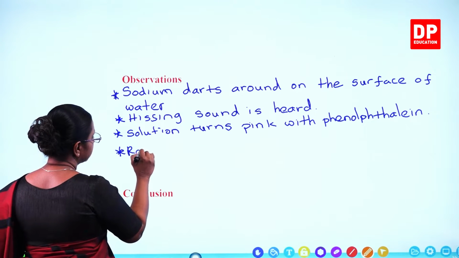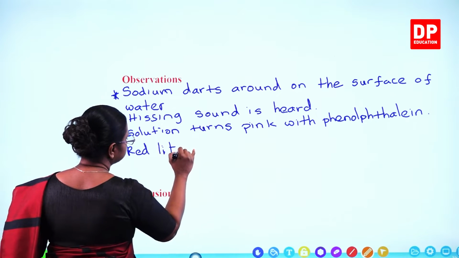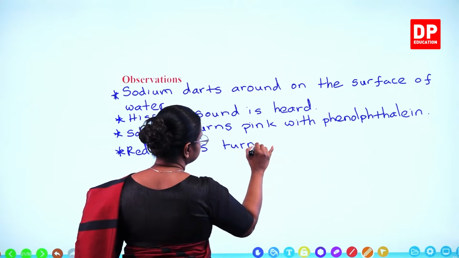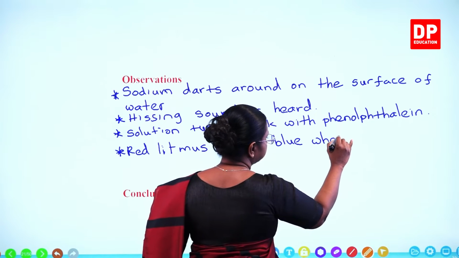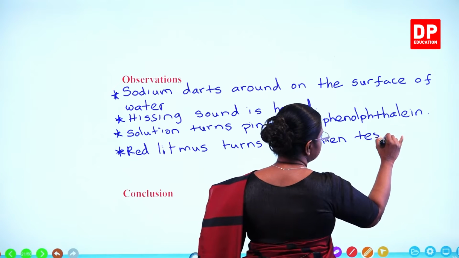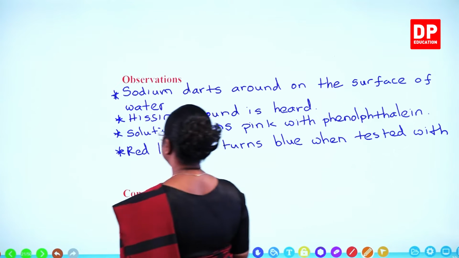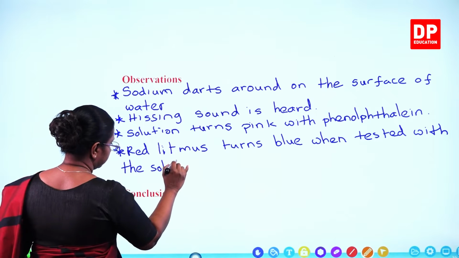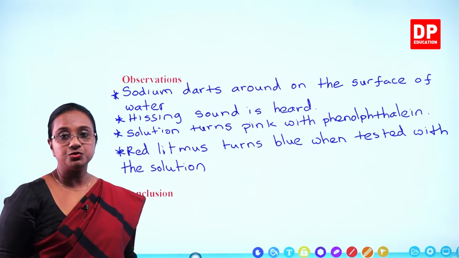Red litmus turns blue when tested with the solution. Or we can say that solution turns red litmus to blue.